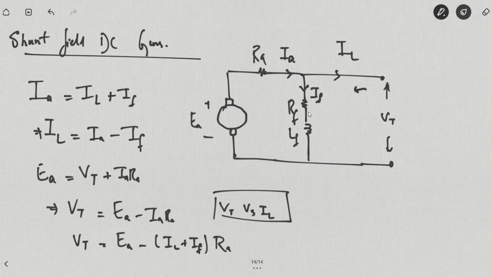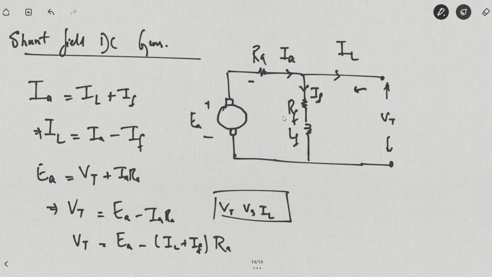Once IF flows, the magnetic field would be produced in the system. This current would also flow through the armature. So you had a current carrying conductor placed in the magnetic field that would experience torque, and therefore the shunt field DC motor would work easily.